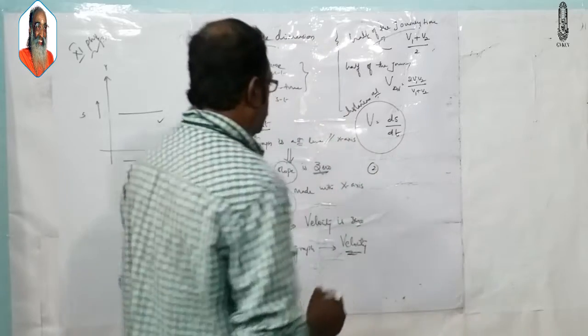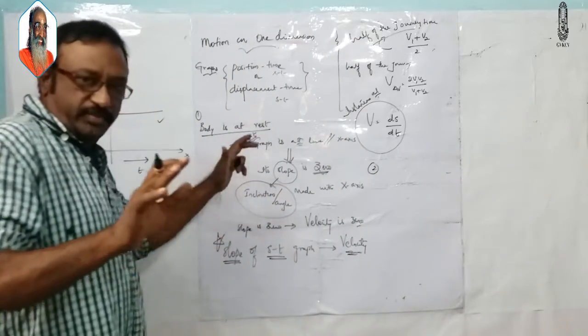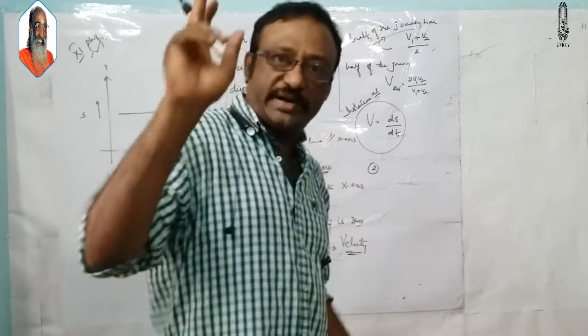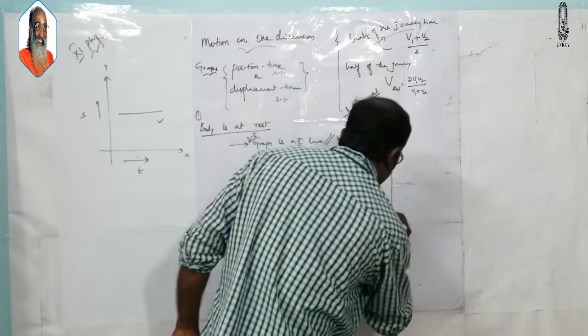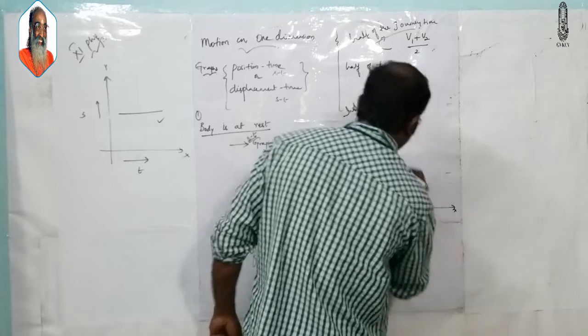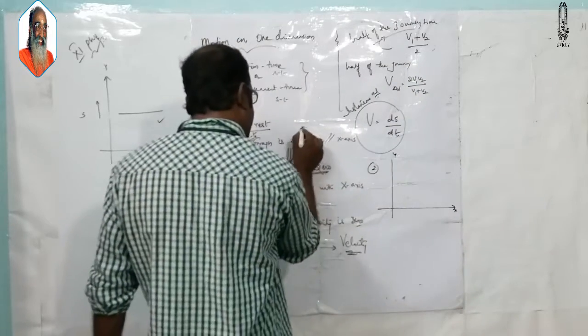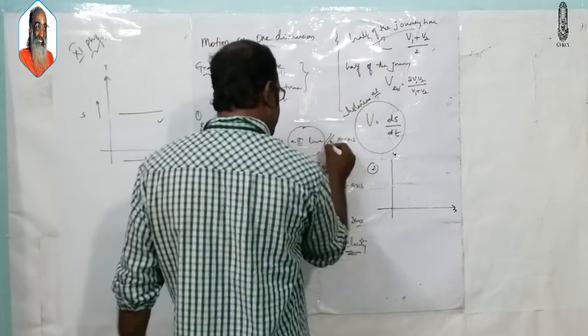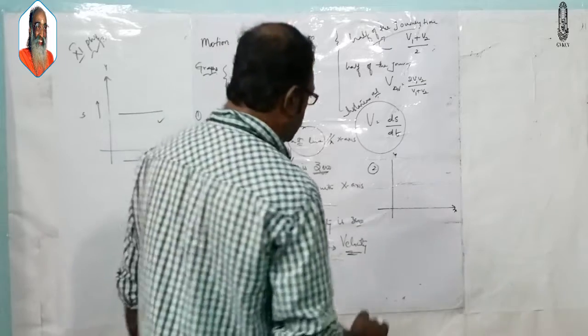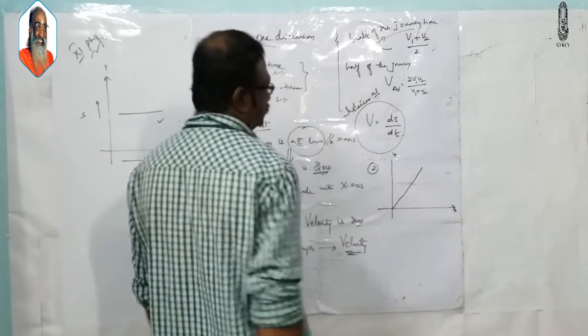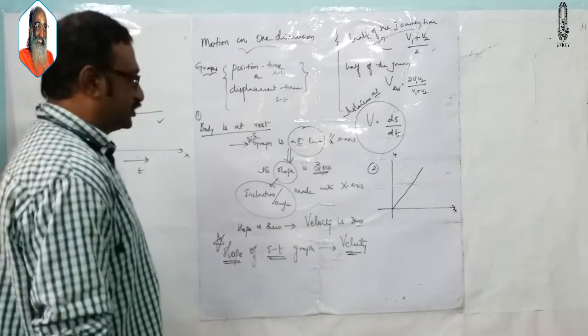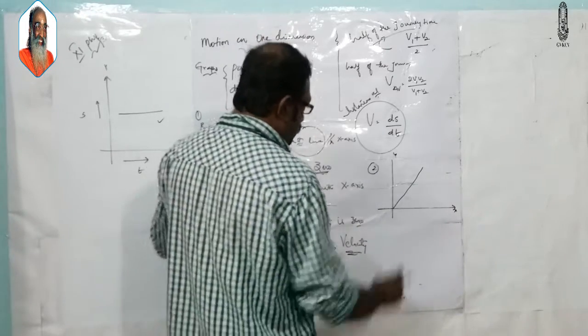If it is not parallel to the x-axis, but it is a straight line. Look here. If this is the graph, it is a straight line, but it is not parallel to the x-axis. It means that the graph is like this. So now this is an st graph, isn't it?